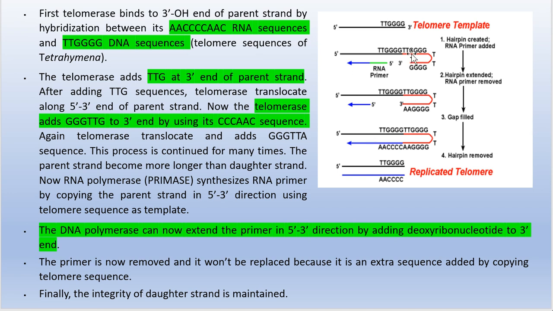After adding the TTG sequence, telomerase translocates along the 5' to 3' end of the parent strand. Now the telomerase adds GGG TTG to the 3' end by using its CCCAAC sequence. Here in this picture you can see that again telomerase translocates and adds GGG TTA.